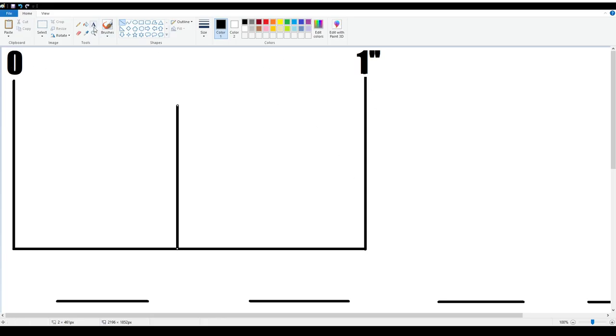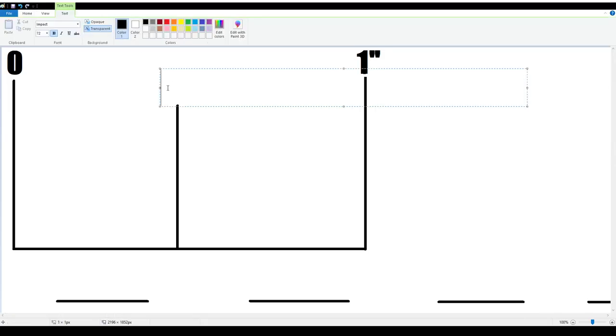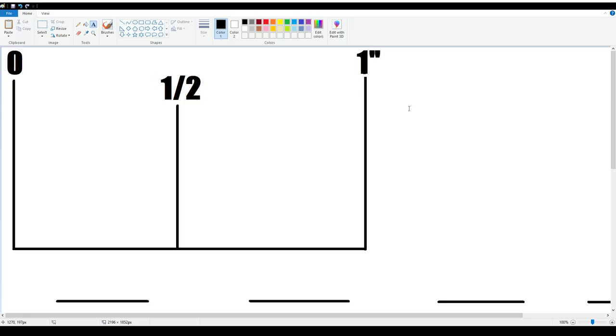So we're going to get our text tool, and we'll type up here 1/2. It should work if we put it there correctly. And that should be all right. It's working out better than intended. Okay, so this is going to be our half-inch line. The only thing I probably should have added is a couple of quotation marks, but this is our half-inch line.